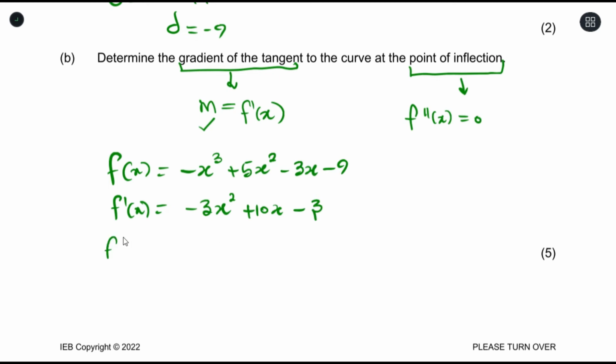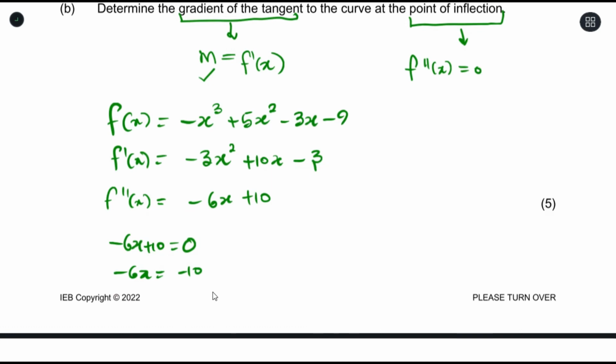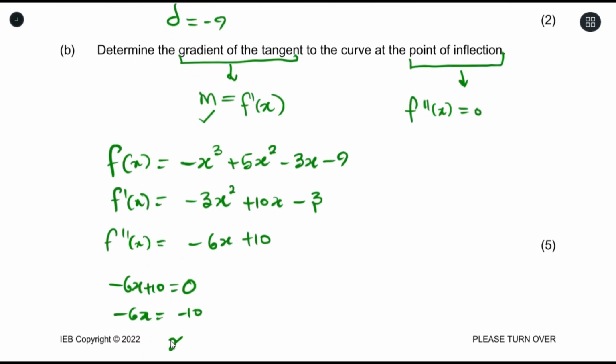Getting the second derivative, this here will be negative 6x plus 10. Okay, so to get our point of inflection, I'm going to say negative 6x plus 10 is equal to 0. So it becomes negative 6x is equal to negative 10. So therefore x is equal to 10 over 6, which is 5 over 3.